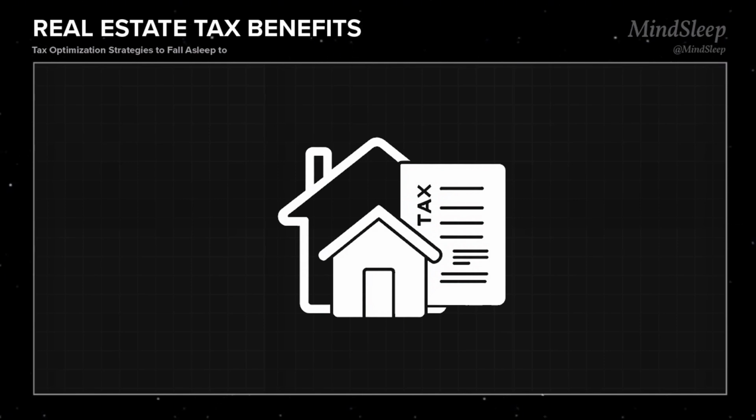portfolio over time. It's important to note that 1031 exchanges come with strict rules and timelines. You must identify potential replacement properties within 45 days of selling your relinquished property, and you must close on the new property within 180 days.